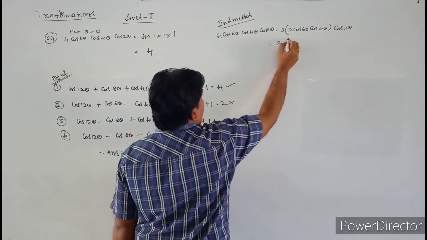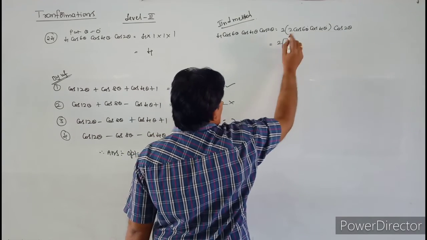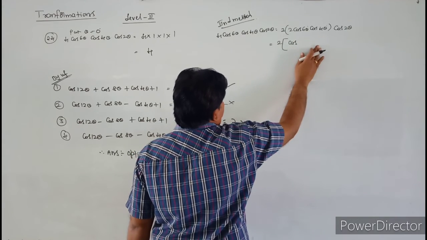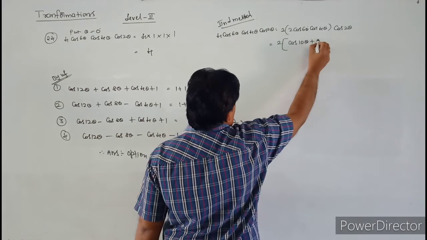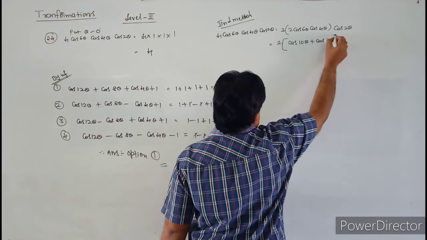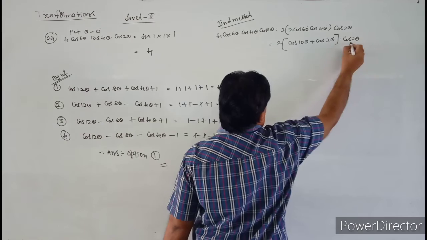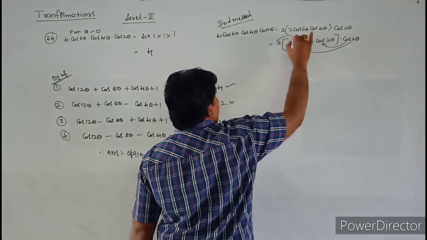So 2 into, what is this form, students? 2 cos A cos B. The 2 cos A cos B formula is cos of A plus B plus cos of A minus B. That is nothing but cos 10 theta plus cos of A minus B, and A minus B is nothing but 2 theta. So into cos 2 theta. So multiply this one and multiply this one also, and multiply with 2 also.